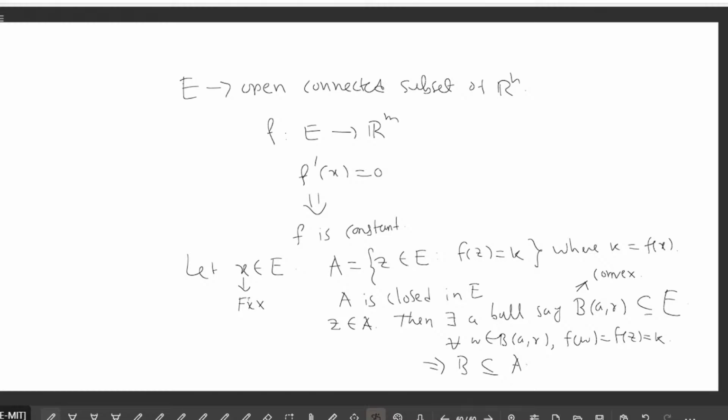So A is a non-empty, open and closed subset of a connected space, which means it should be the space itself. Therefore A is all of E. That means f is constant.